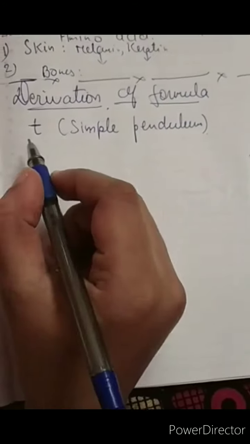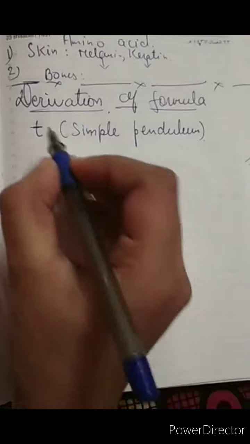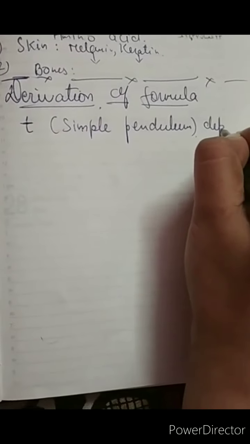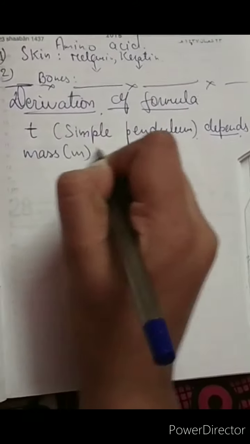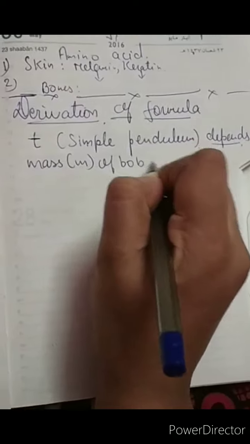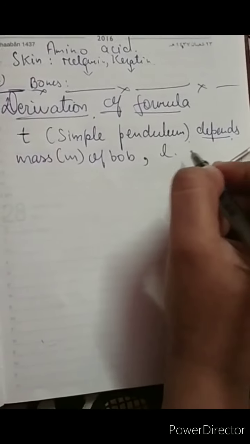Okay, so let's say I have T, the time of a simple pendulum, and I'm telling you it depends on, use the word depends, on mass, that is M, the mass of the bob, and L. What is L?